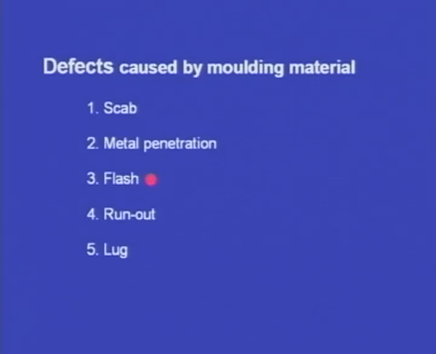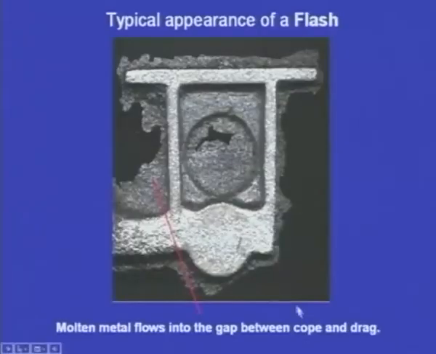Next, let us see the flash. This is the typical appearance of a flash, and this is the casting, and here we can see outside a thin fin projected outwards. This is unwanted fin. So, this is the flash.